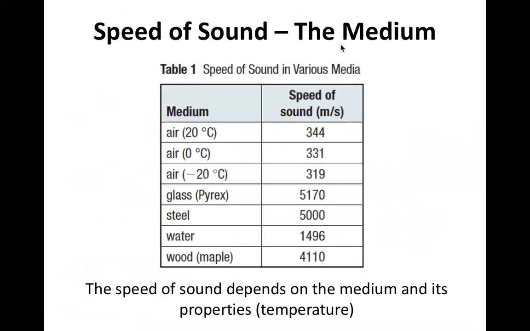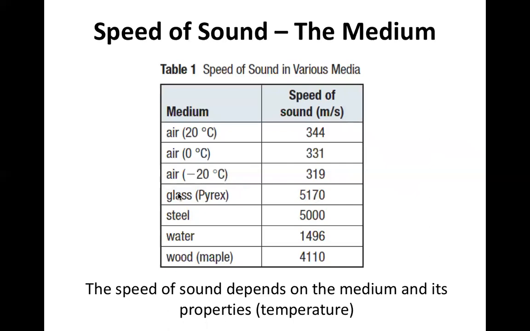And just to take a look at different temperatures of air and the speed of sound in that air, and then different substances. Air at 20 degrees has a faster speed of sound than sound traveling through air at 0 degrees. And that's still faster than if it was air at minus 20 degrees. In glass, we have sound traveling faster.